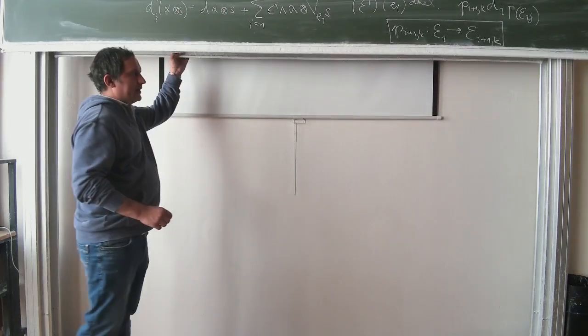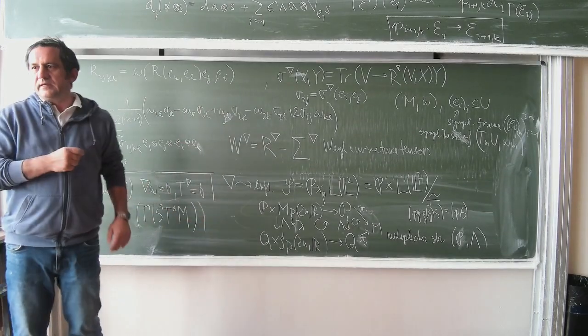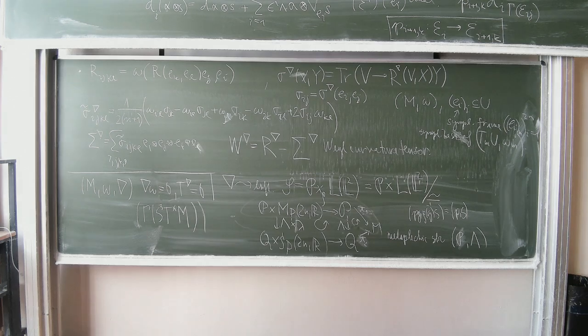So let us come again to the decomposition, where these bolded E^i's are hidden, or these curly E^i's are hidden in the normal classical capital E^i.